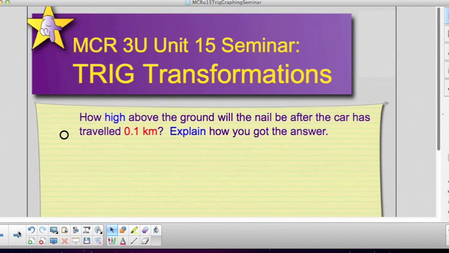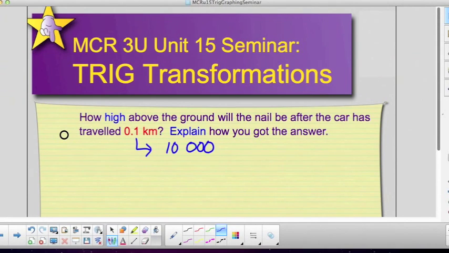How high above the ground will the nail be after the car has traveled 0.1 kilometers? First of all, this whole situation has been in centimeters. So we have to convert: 0.1 kilometers is the same as 10,000 centimeters.